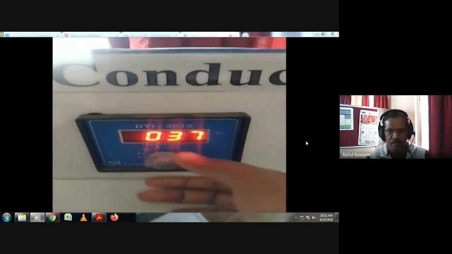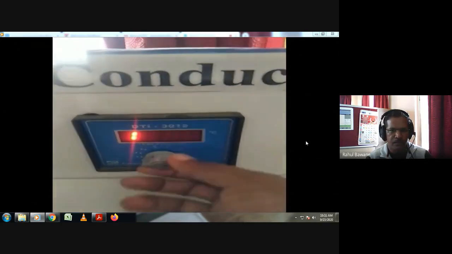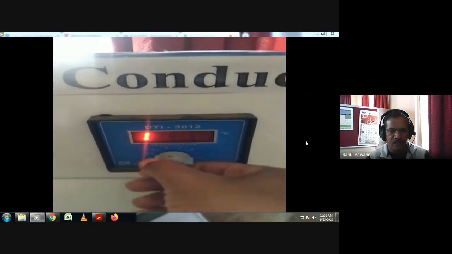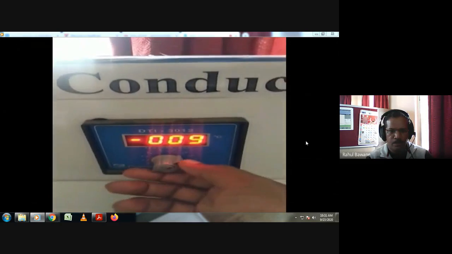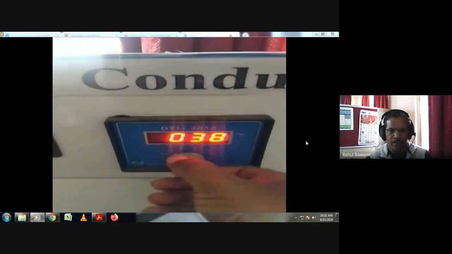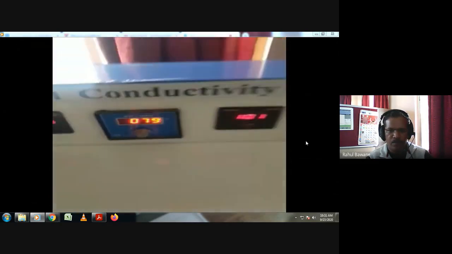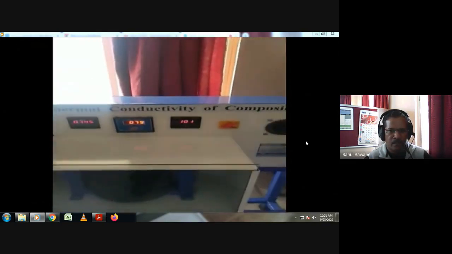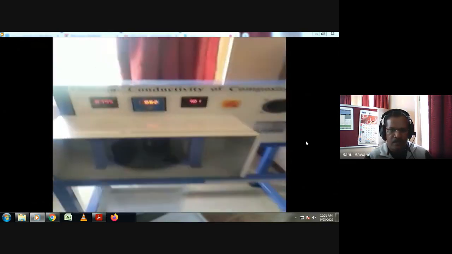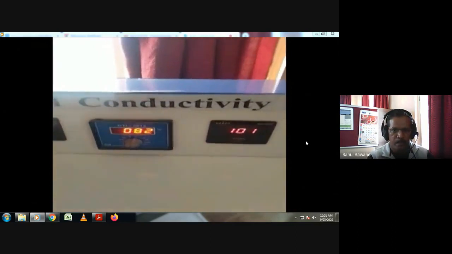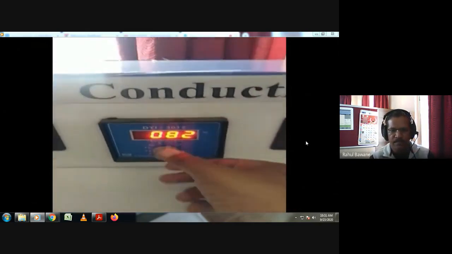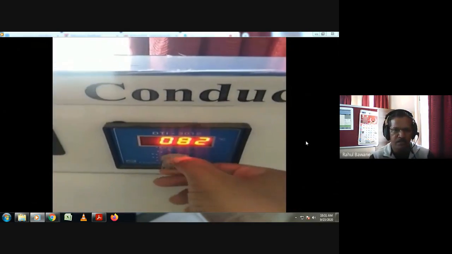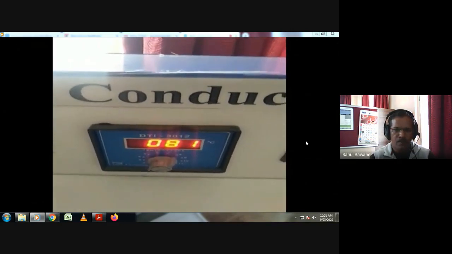There is no thermocouple beyond, so it will be a dash. And the next reading, 82, that is the T1 temperature.